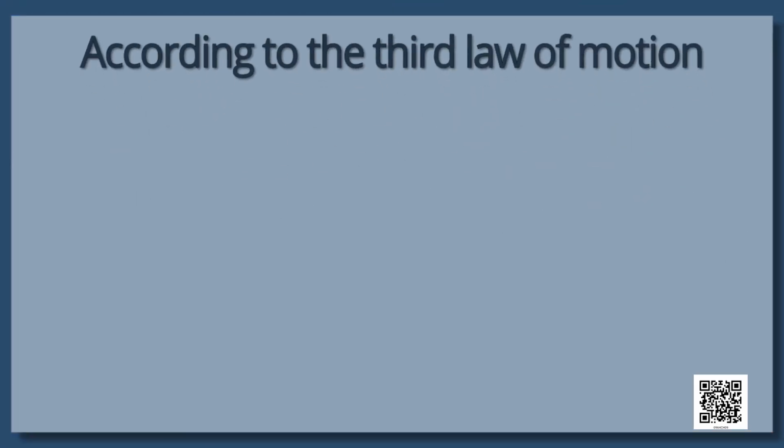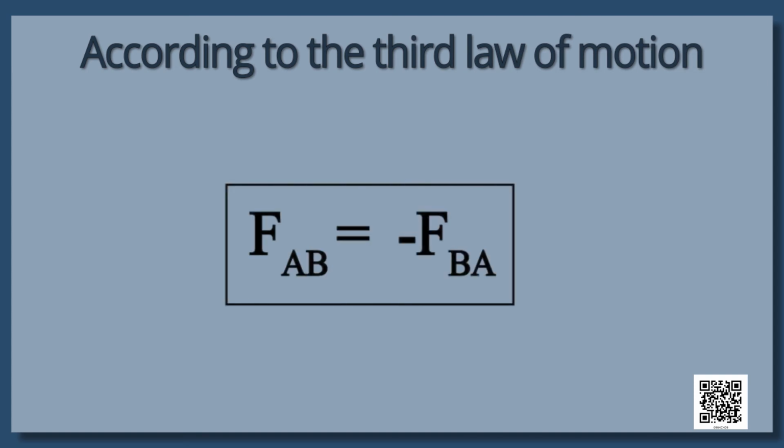According to the third law of motion that we have studied, the force FAB exerted by ball A on ball B and the force FBA exerted by ball B on ball A must be equal and opposite to each other. Therefore, FAB is equal to minus FBA.